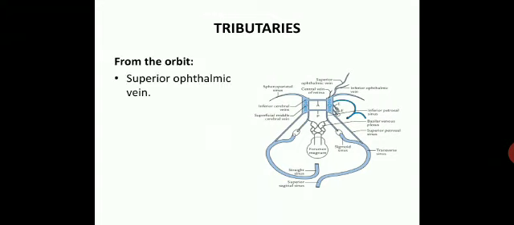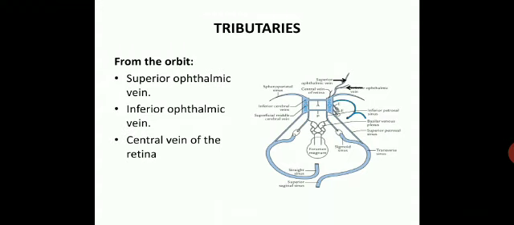So coming to the tributaries, that means the incoming channels. From the orbit, the superior ophthalmic vein, inferior ophthalmic vein and the central vein of retina. It may drain either into the superior ophthalmic vein or into the cavernous sinus.